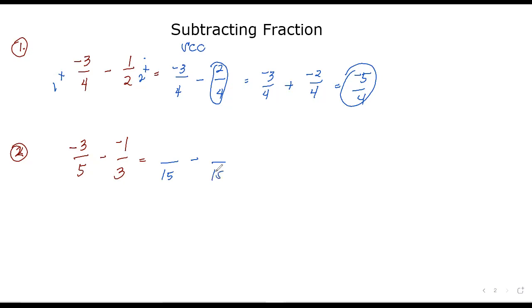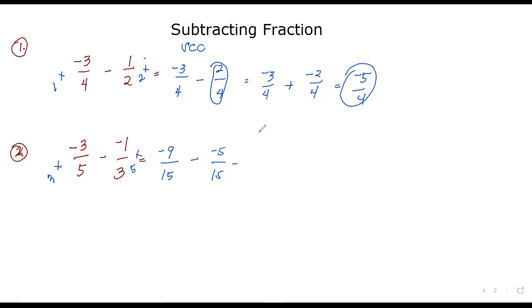We just multiply the denominators so that we can get a common denominator. 15 divided by 5 is 3. 3 times negative 3 is negative 9. 15 divided by 3 is 5. 5 times negative 1 is negative 5.